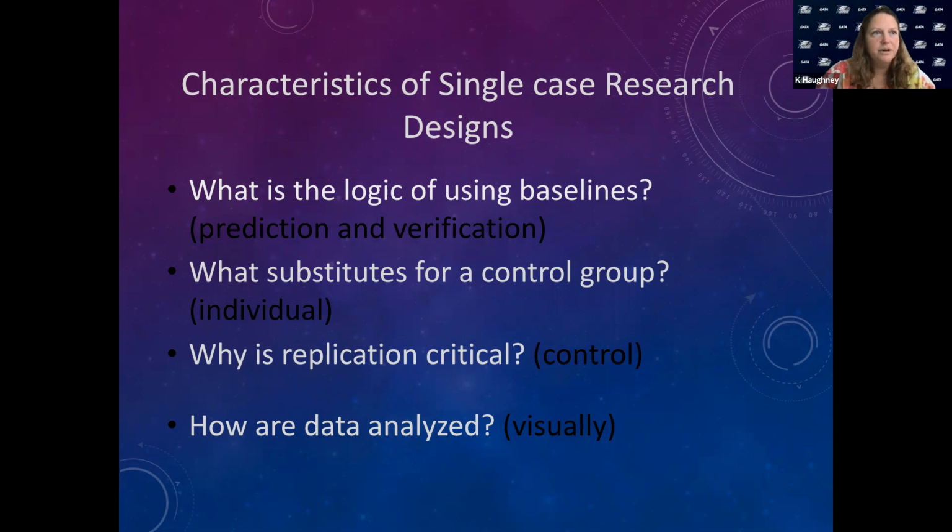Okay, so there is going to be that independent variable, but before we introduce the independent variable, we need to be able to use this as prediction and verification so that when we see a change, we can judge that against our prediction and then verify, especially when it's across various repetitions of baseline.